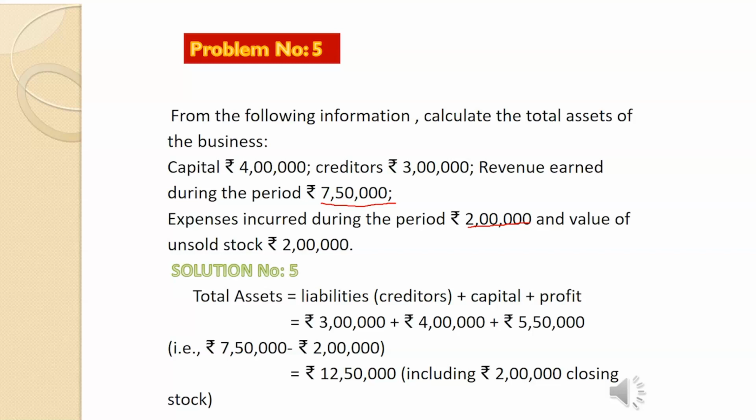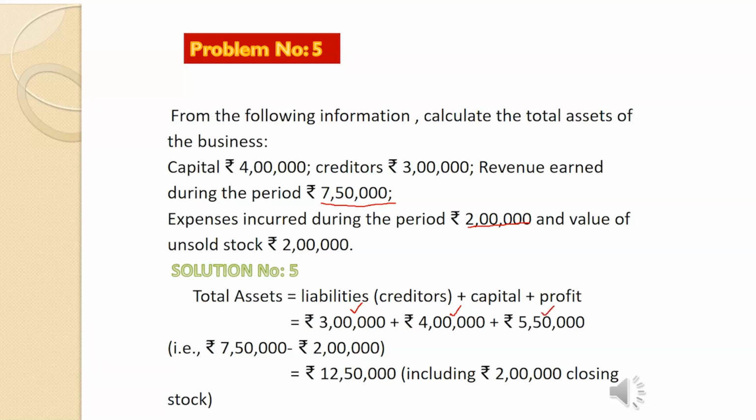Now you have to find out the total assets. Total assets is equal to liabilities plus capital plus profit. Liabilities amount is 3 lakh. The capital amount is rupees 4 lakh. Profit is 7,50,000 minus 2 lakh, which is 5,50,000.